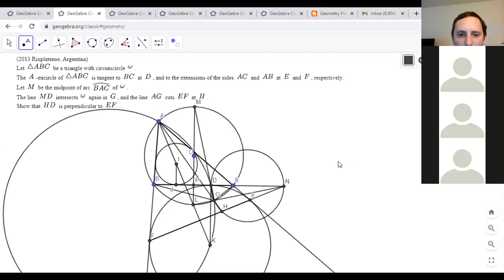But P is the midpoint of BC. So according to the Maclaurin theorem, we have that DB times DN is equal to DB times DC is equal to DG times DM.